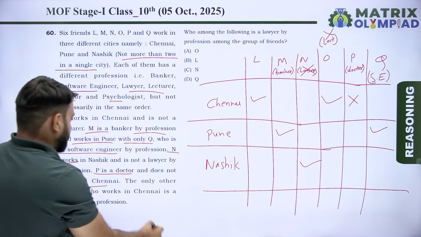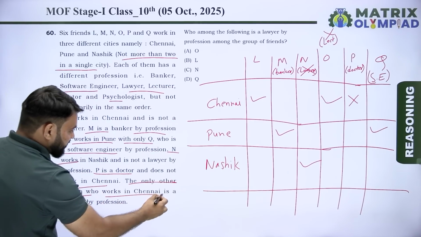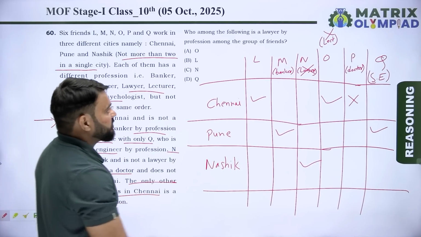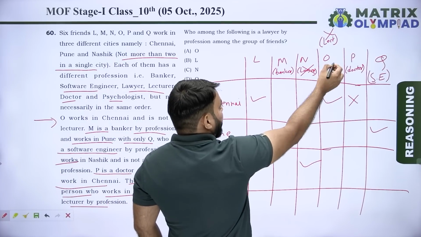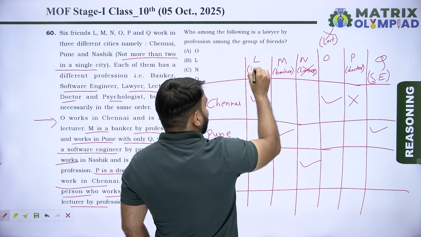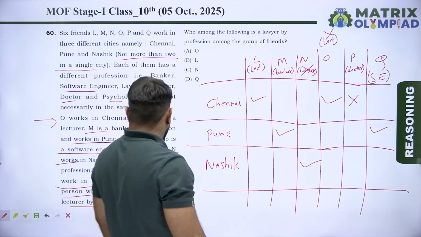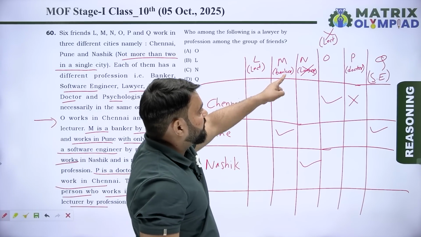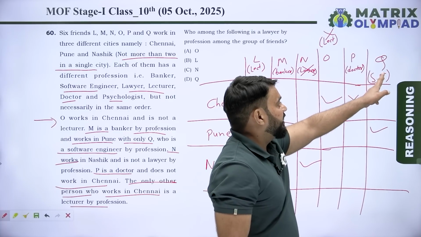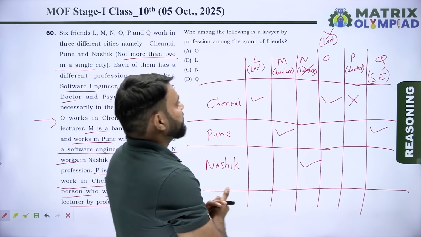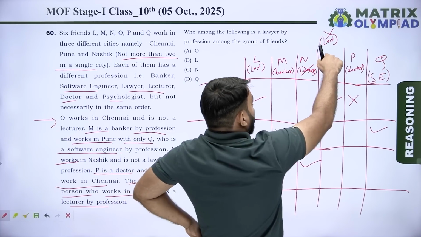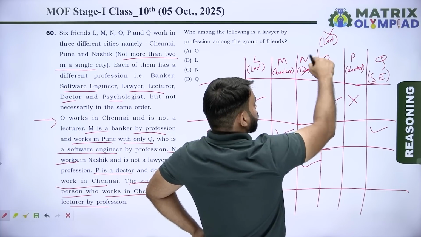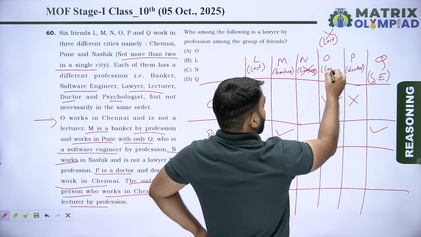And the only other person who works in Chennai is a lecturer. O is not a lecturer, so it means L is a lecturer. Now, L is a lecturer, M is a banker, P is a doctor, Q is a software engineer. O is not a lecturer, so it means O is a lawyer.